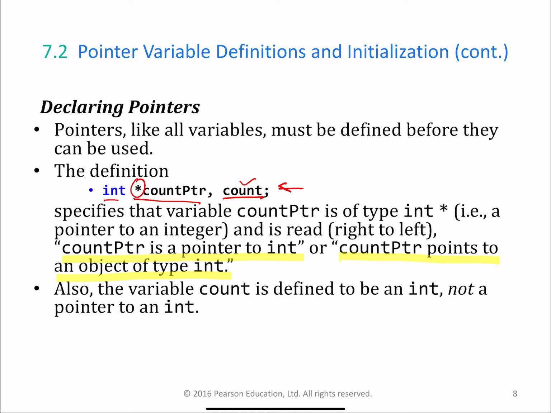So we say count pointer is a pointer to an int, to an integer. Or you could say count pointer points to an object of type integer. So not all pointers are alike. We distinguish between them based on the type of object or the type of variable that they're pointing to.